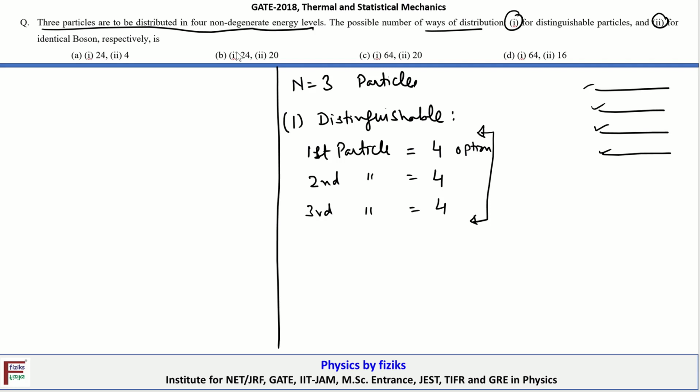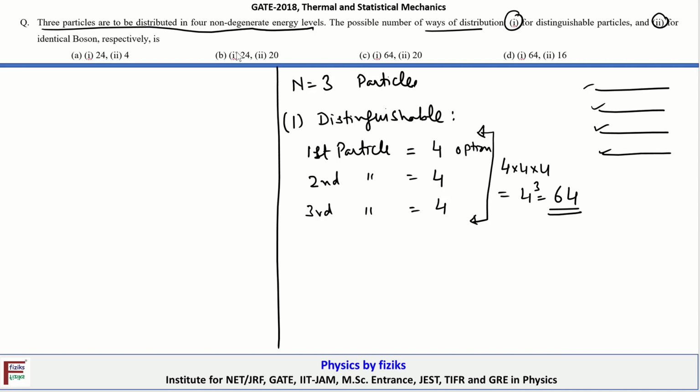So the total number of ways will be 4 into 4 into 4, that is 4 power 3, which is 64. So when we treat the particles as distinguishable, we have 64 different ways.